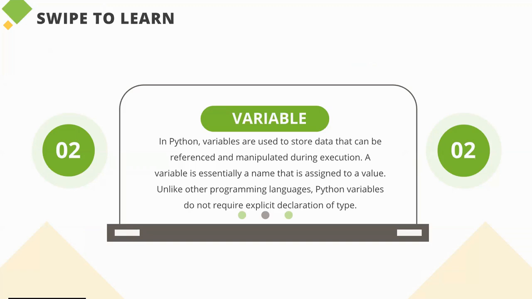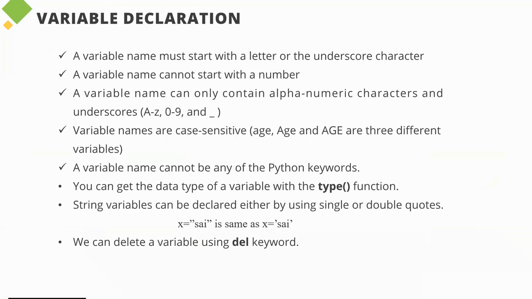We need to store all this data into our system. So for this we use variables. There are many types of variables. We have certain rules to be followed. To call any data, we need a variable. With the name only we can call it. Am I right? So let's see the variable declaration rules.